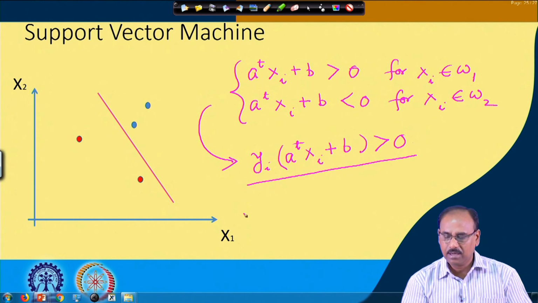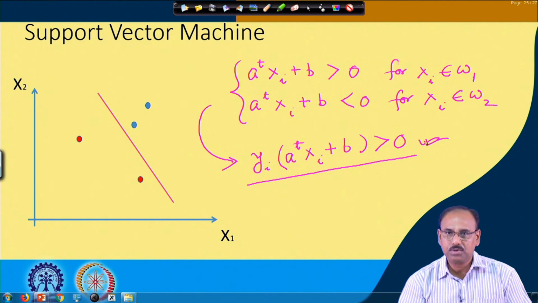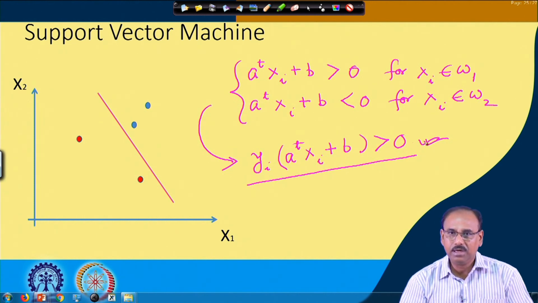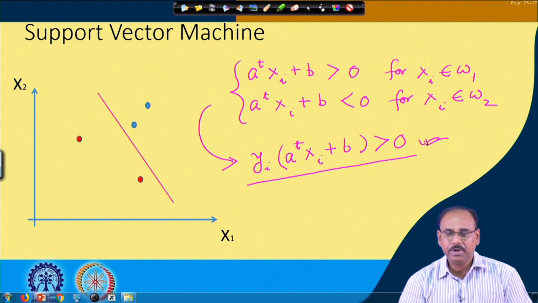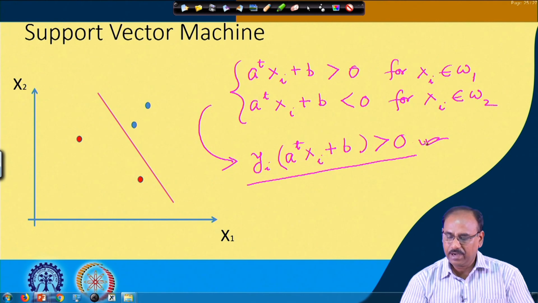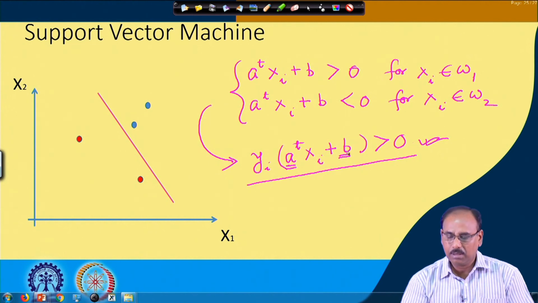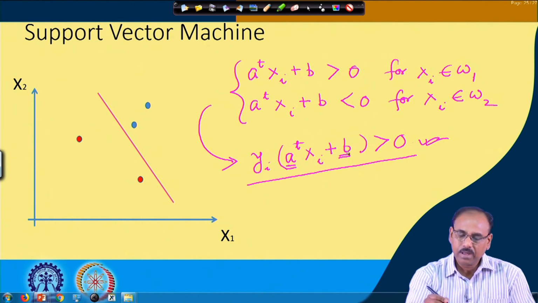And by doing that, I get a uniform classification rule that y_i times (A transpose x_i plus b) will be greater than 0 whenever x_i is correctly classified by this vector A and the offset or the bias term b.